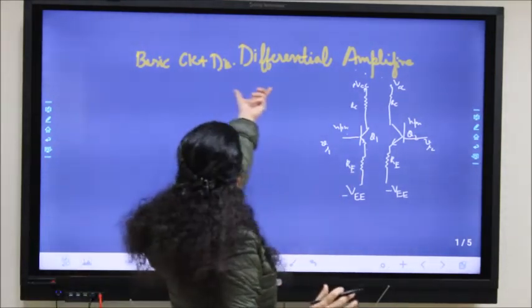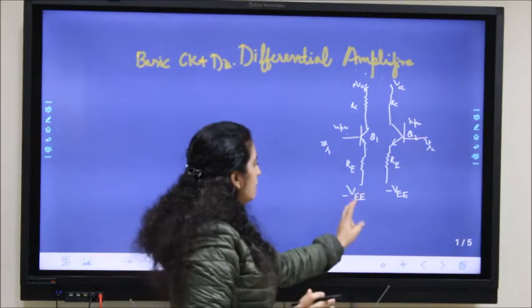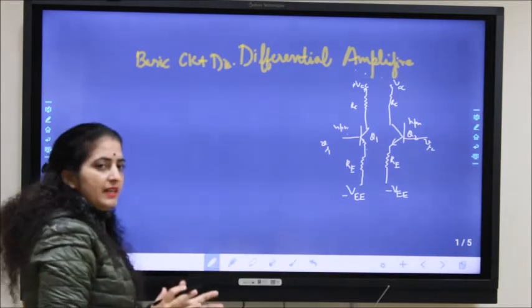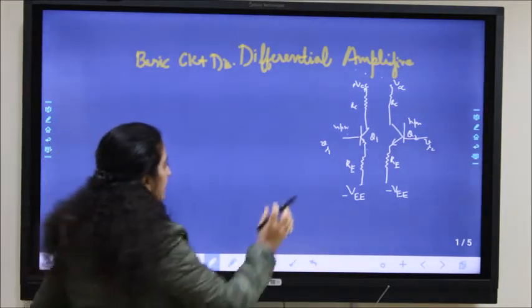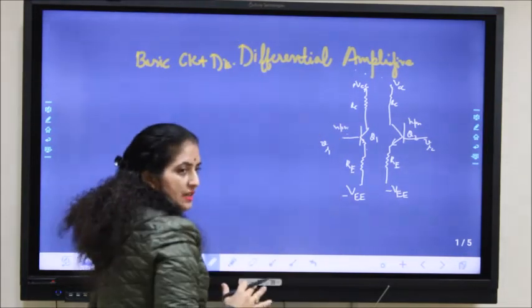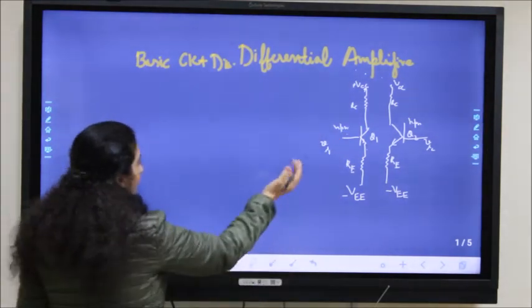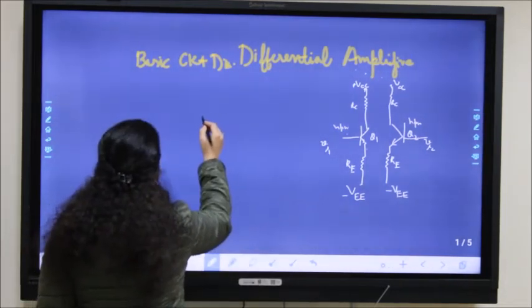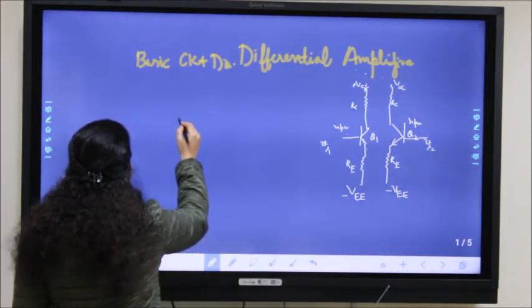We make the differential amplifier by using these two amplifiers. Since the differential amplifier is directly coupled, we directly couple these two amplifiers to make it. Let us draw the circuit diagram for a differential amplifier.